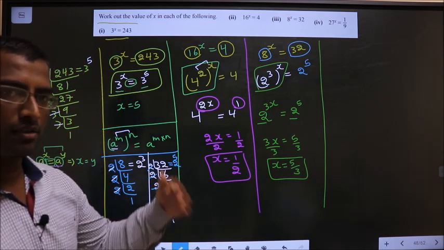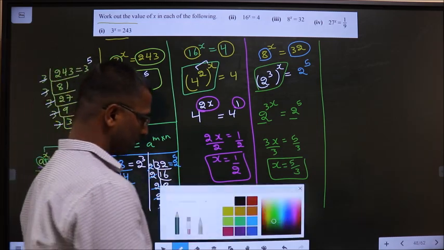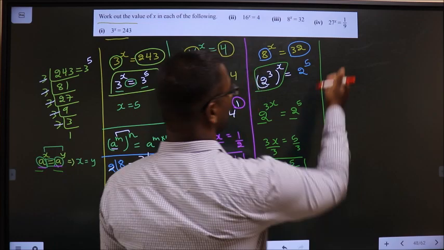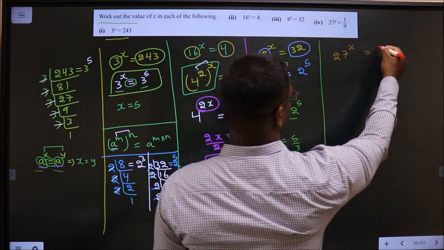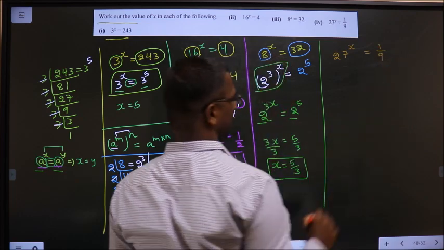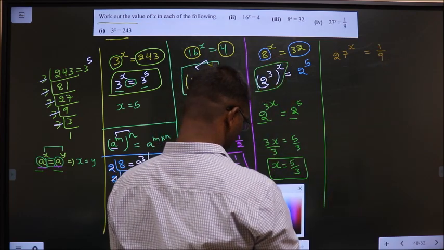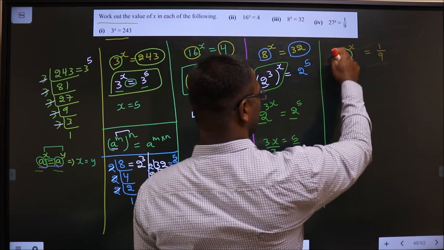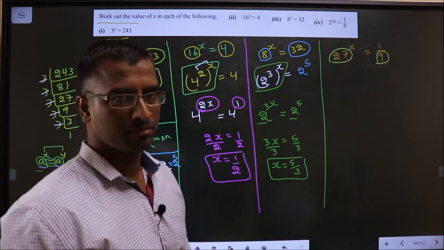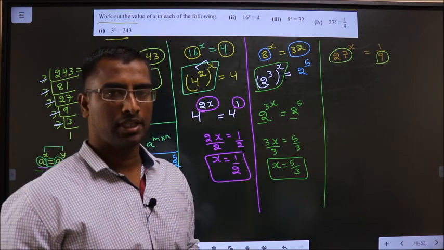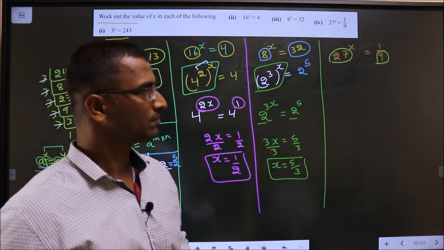Okay. Now the next one. 27 power x equal to 1 by 9. See. Here also I will try to make the base same, and the base for both the numbers should be 3.